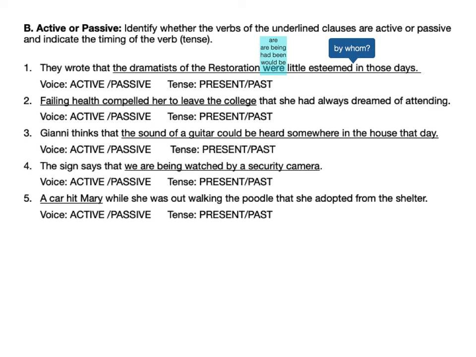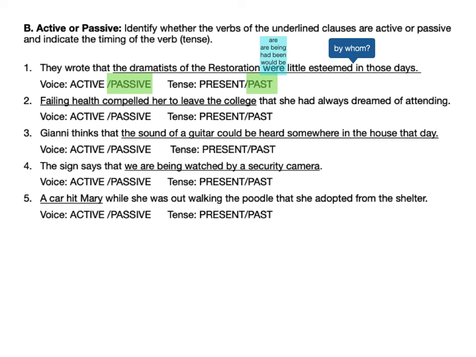Were little esteemed is past tense. You'll also notice that in sentence number 1, the use of that introduces a that clause. The type of that clause is a direct object or object clause. They wrote something. They wrote that the dramatists of the Restoration were little esteemed in those days.